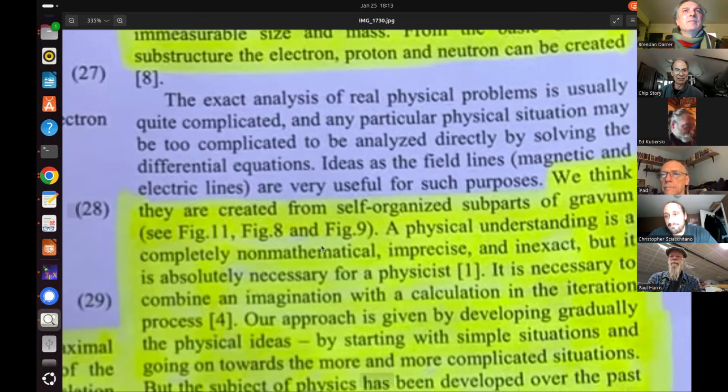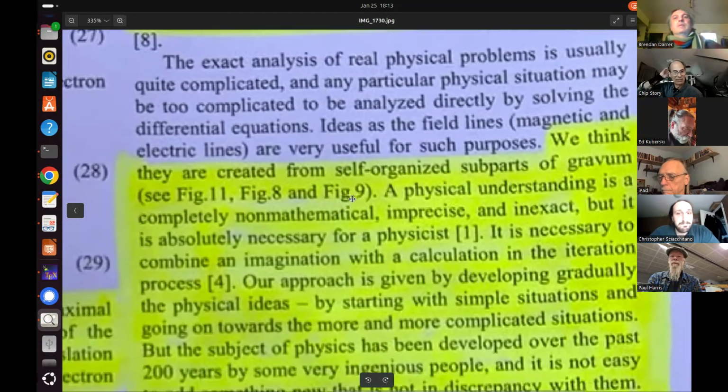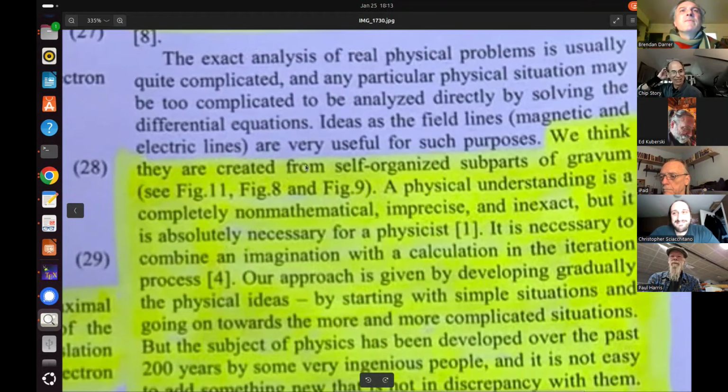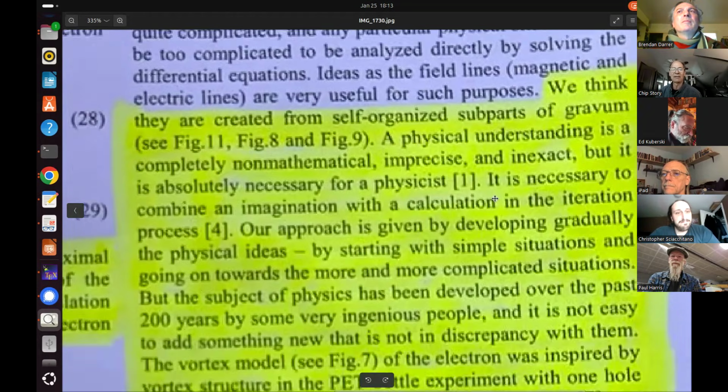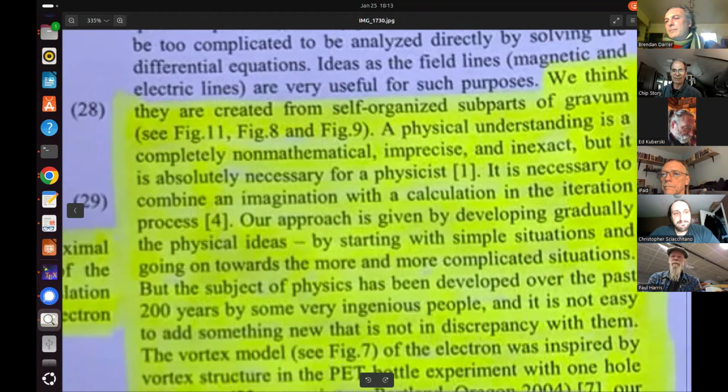Anyway, the exact analysis of real physical problems is usually quite complicated. Any particular physical situation may be too complicated to be analyzed directly by solving the differential equations. Ideas such as field lines, magnetic or electric, are very useful for such purposes. Field lines, okay?